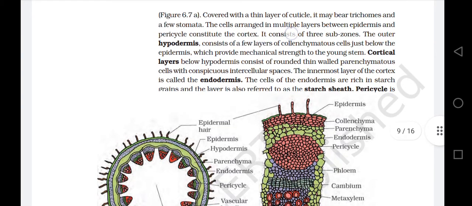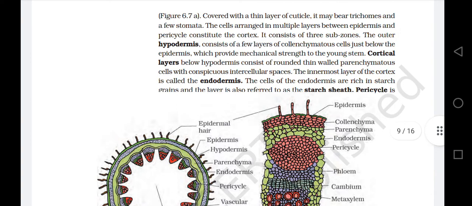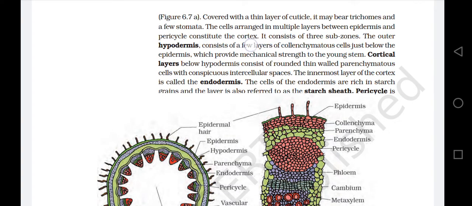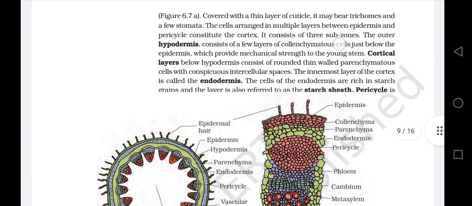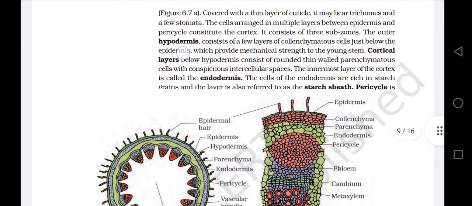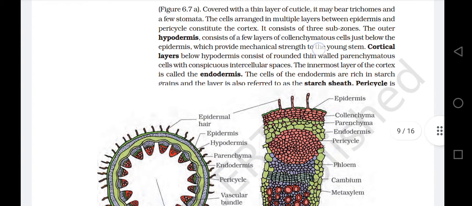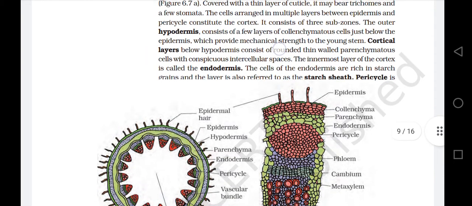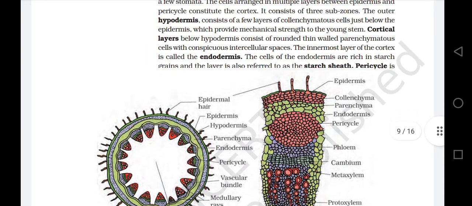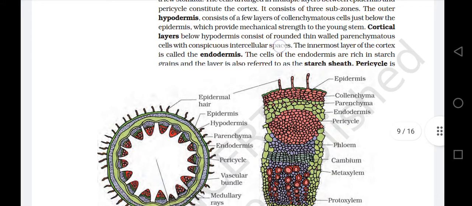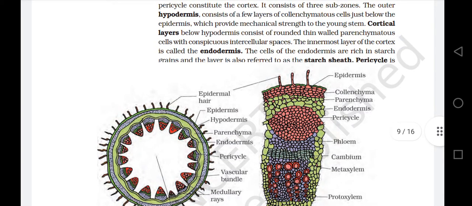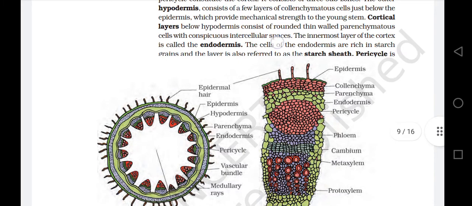The cells arranged in multiple layers between epidermis and pericycle constitute the cortex. It consists of 3 subzones. The outer hypodermis consists of a few layers of collenchymatous cells just below the epidermis, which provide mechanical strength to the young stem. Cortical layers below the hypodermis consist of rounded, thin-walled parenchymatous cells with conspicuous intercellular spaces.